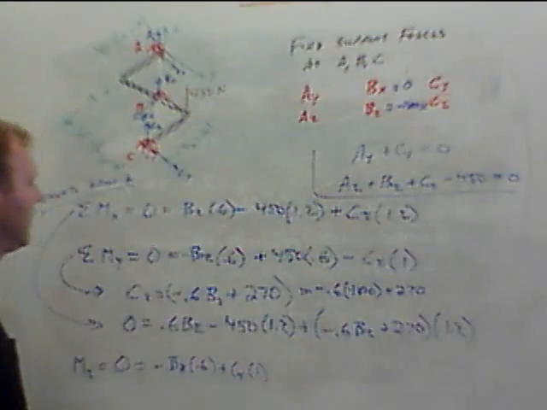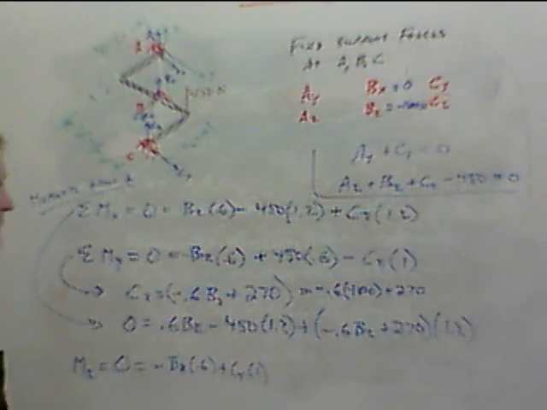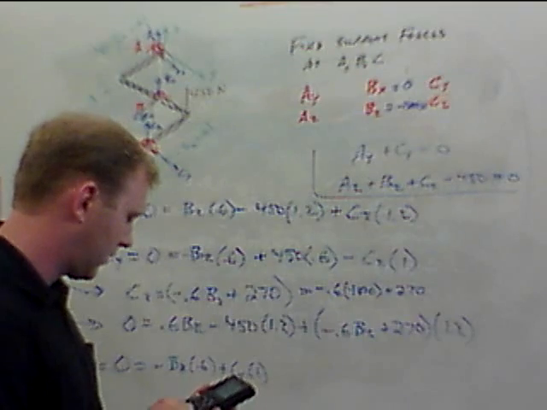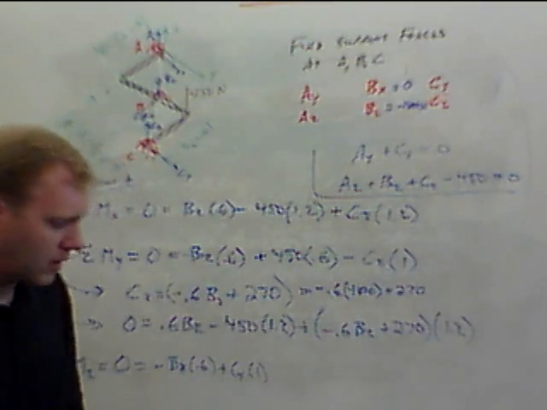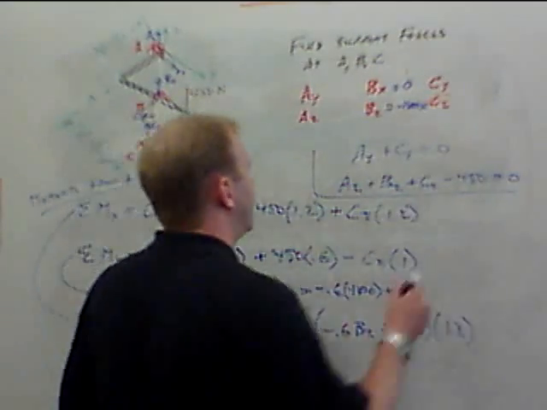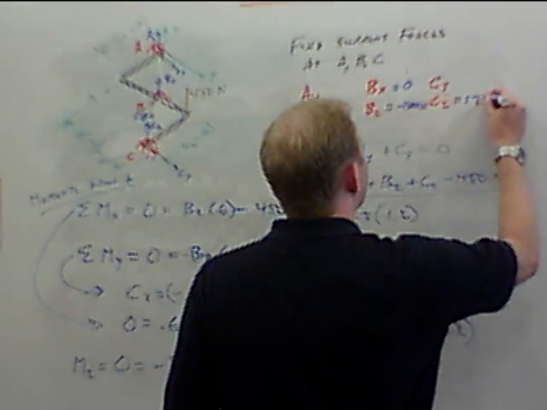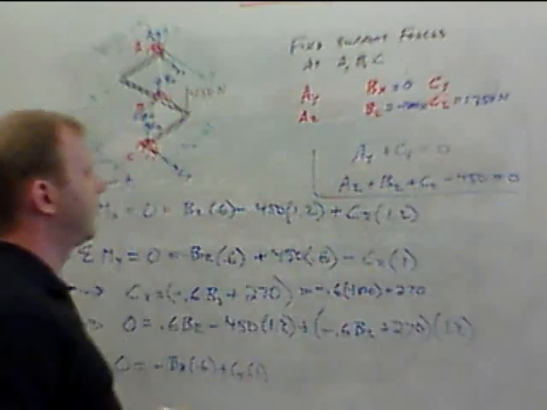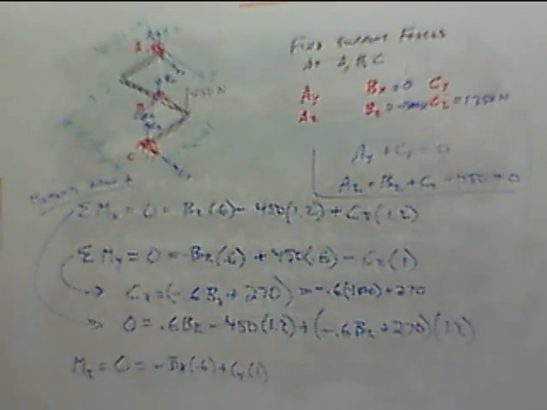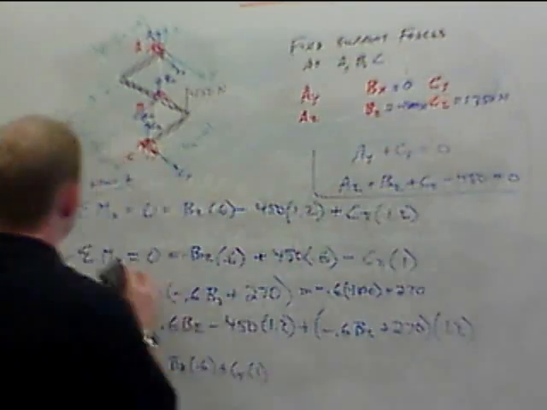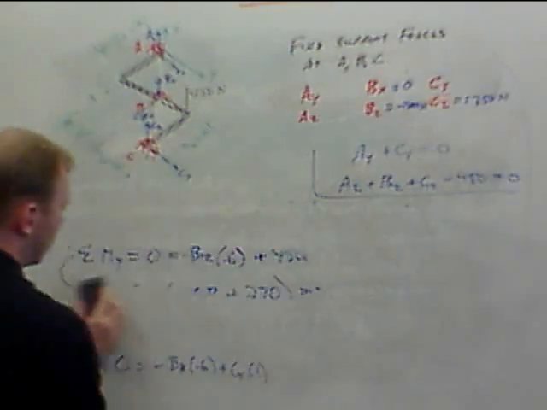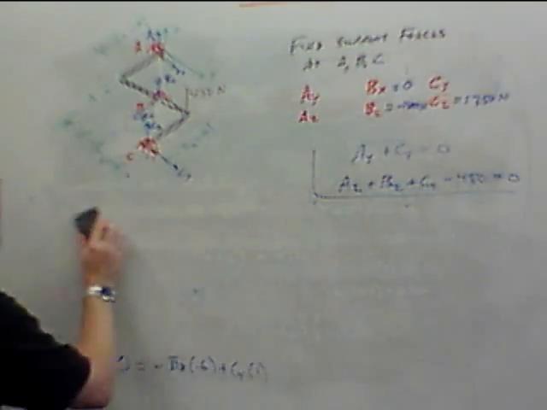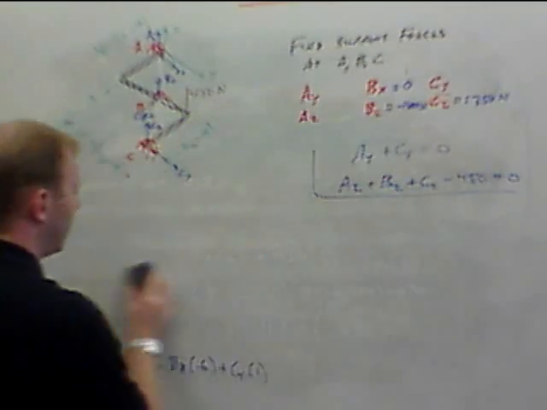So Cz is going to equal positive 1350 newtons. Okay. So at this point we've used moment of the x, moment of the y, and that's given us Bz and Cz. I'm going to take these two equations down. That was the hardest part of the math. And we'll solve from there.